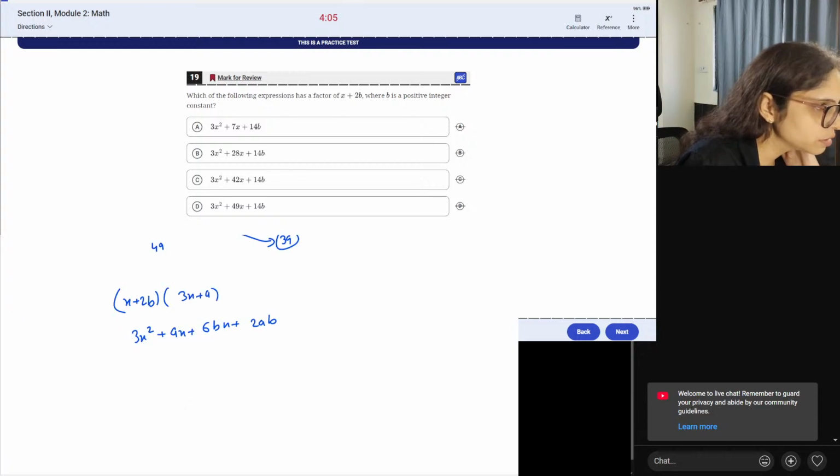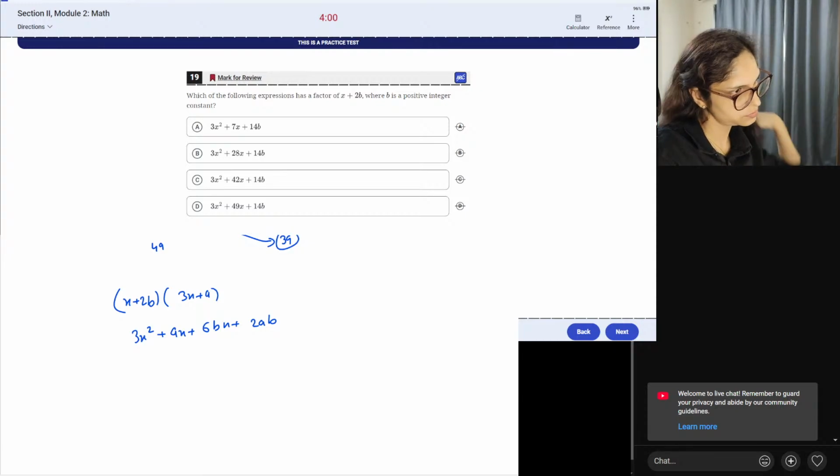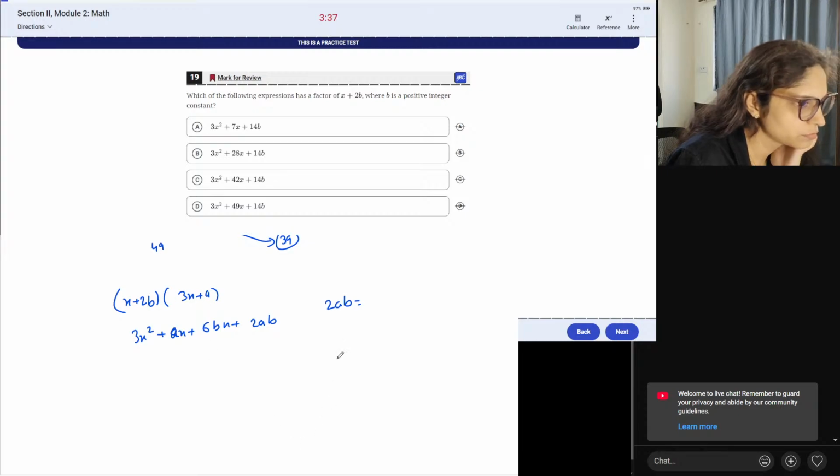Okay, again you can't see the work. 2ab is 14b.